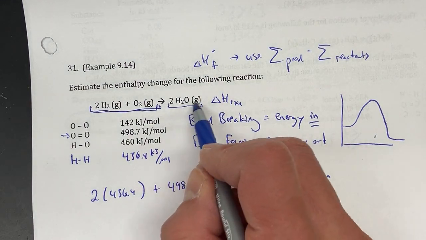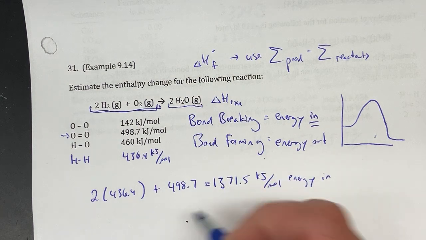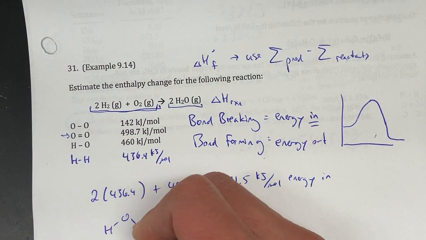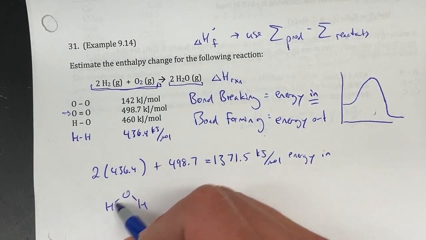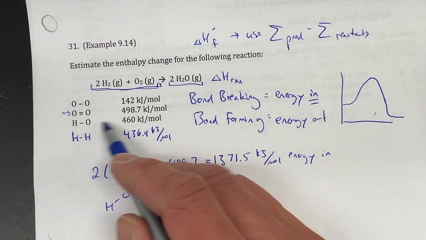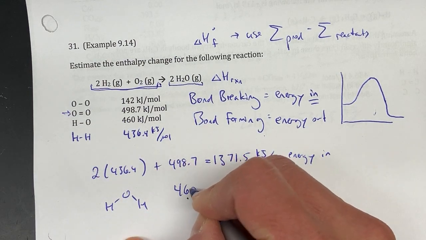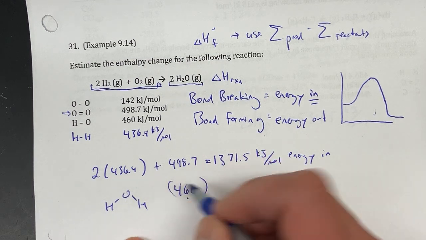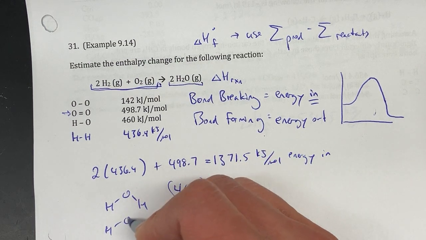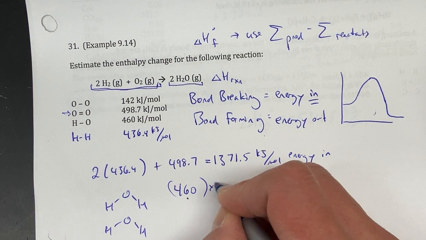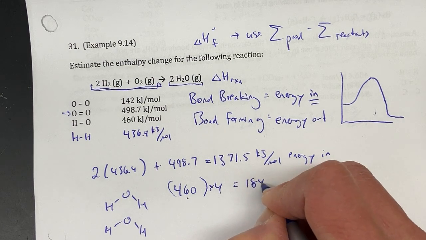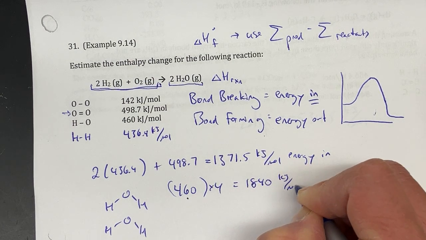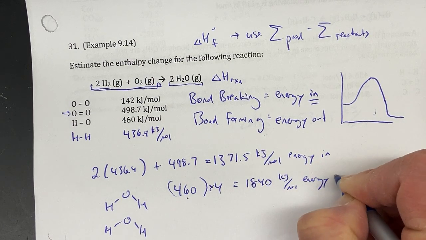Okay, now I have water here. Water is H2O, like this, but there are 2 of them. And each of them has 2 OH bonds. So I'm going to take 460 times 2 of these, but there are 2 waters, so there's 4 total. So 460 times 4, that is 1840 kilojoules per mole, energy out.